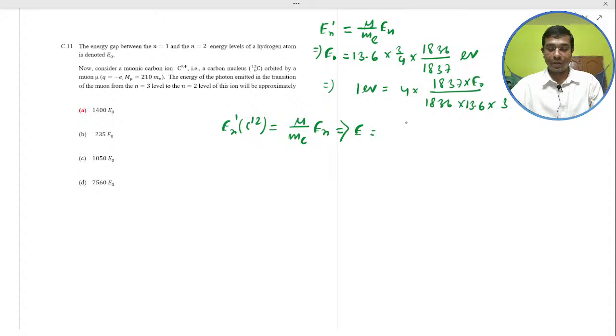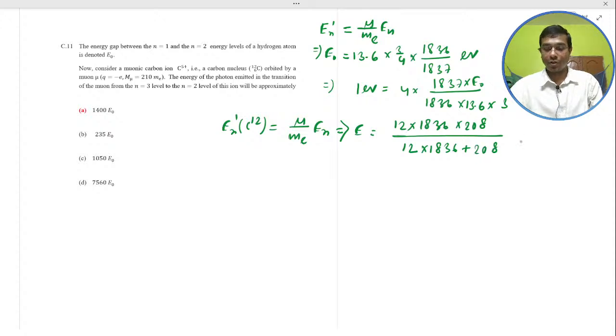That is equivalent to mu equal to 12 into 1836 into 208 divided by 12 into 1836 plus 208. Put this value: 13.6 into 36 into 5 divided by 36 electron volt.